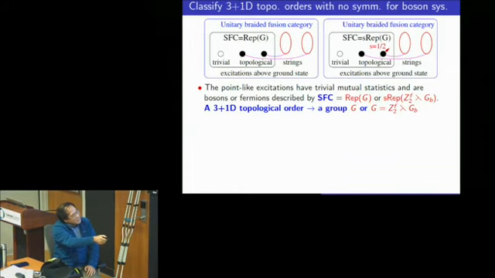So it's not a semi-direct product. I don't have other symbols, so I invented this symbol. This really means a Z2F central extension over G_B.